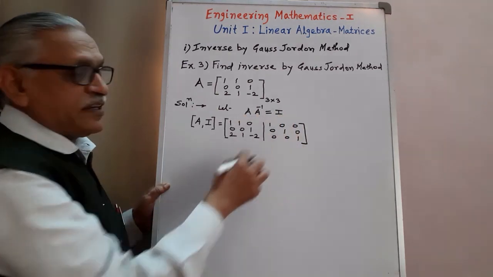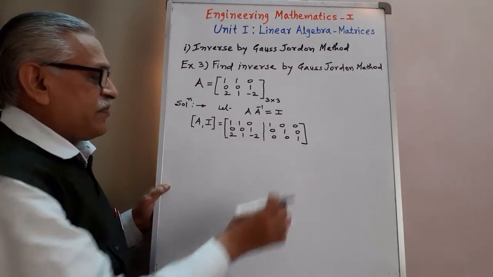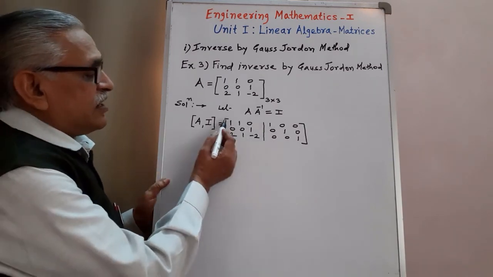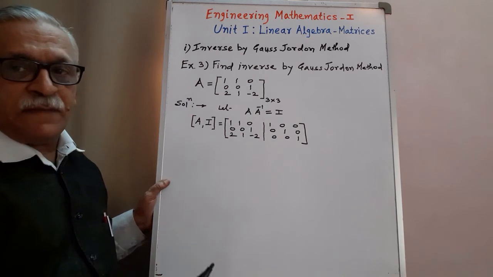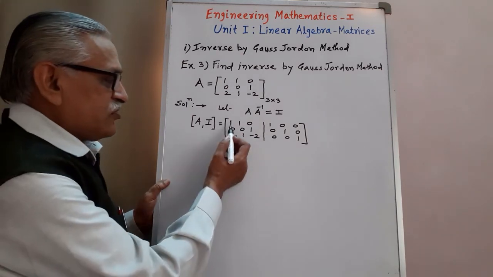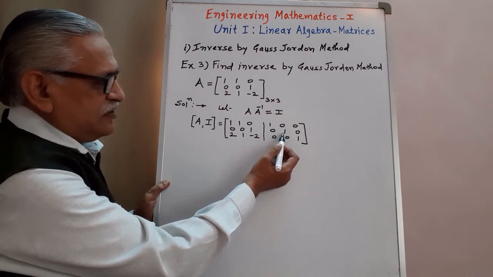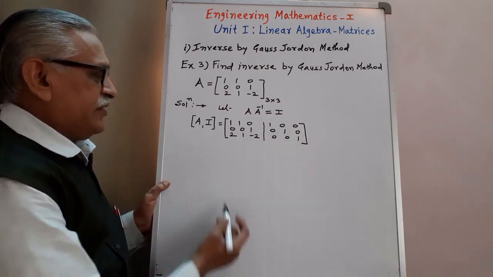Instead of writing in this form, we take a combination of matrix A and matrix I. Then, converting this to identity matrix by applying elementary row transformation, the same transformations we have to apply on this matrix I.